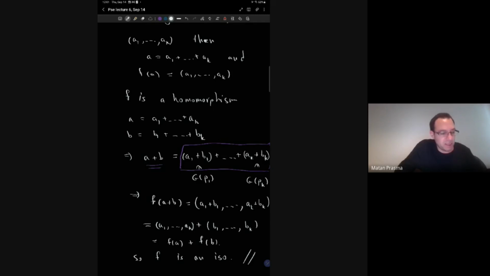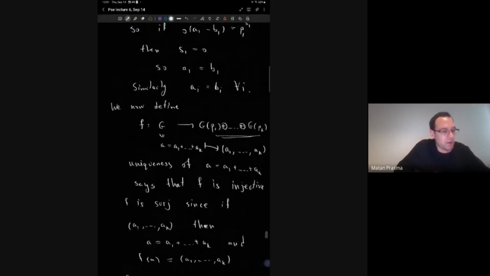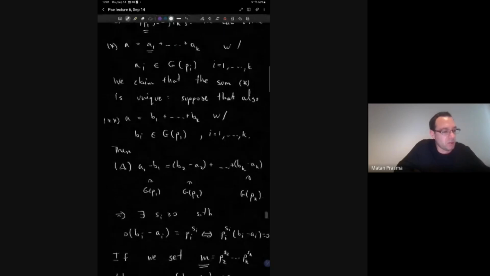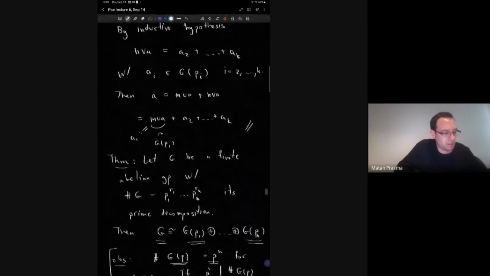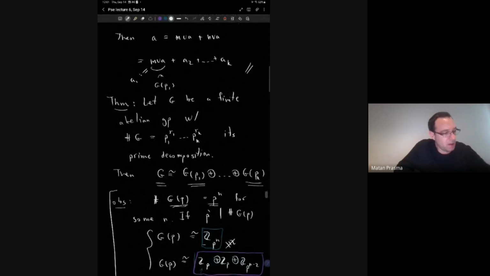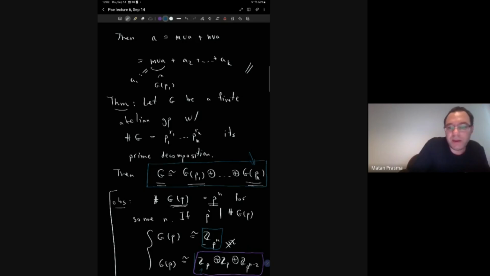For now, you can see that we are already able to decompose, this is the result here in blue, a finite abelian group into a direct sum of its primary P groups. And now the next step is to take a primary P group and to decompose it further. But I think it's better to postpone it for next time.